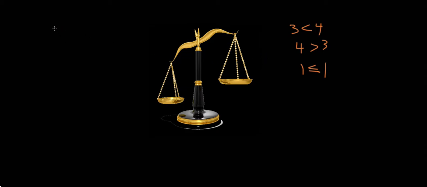For example, let's say we have x is less than 1 plus 3, or x is greater than 4, or x is less than 1. So we're going to be using a scale analogy to explain that a little bit.